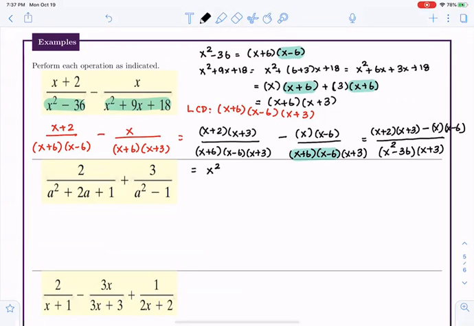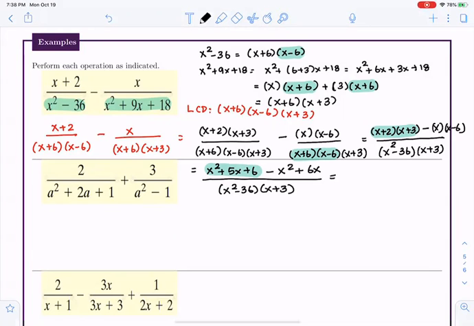So we have x squared plus 5x plus 6. That is what we would get if we FOIL x plus 2 times x plus 3. There is a negative, so negative x times x is negative x squared. Negative x times negative 6 is positive 6x, over x squared minus 36 times x plus 3.